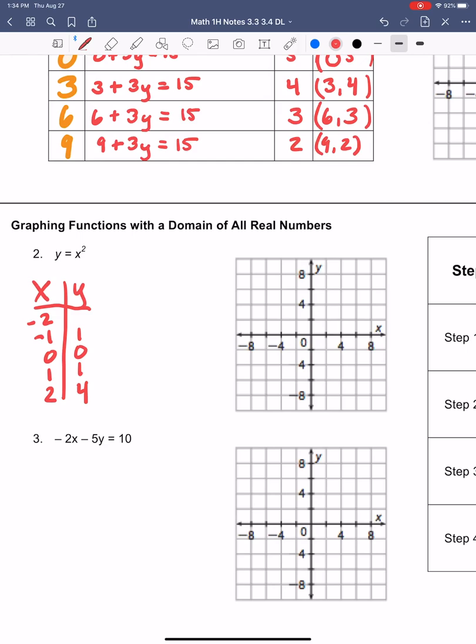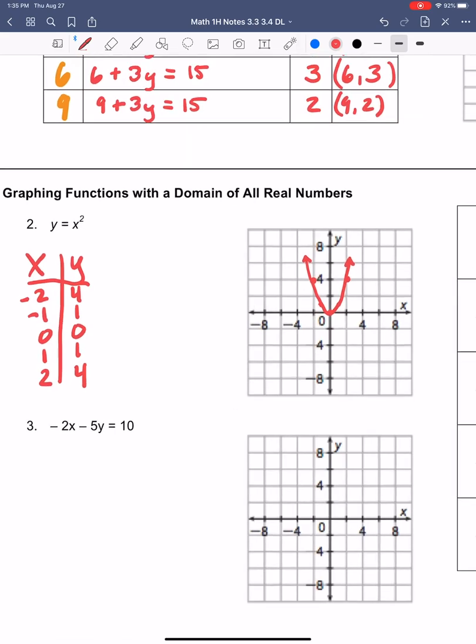And -2 squared gives me +4. And then I can put those onto the graph there. So let's see. 2, 4. 1, 1. 0, 0, negative 1, 1, and negative 2, 4. And we end up with this beautiful graph here.